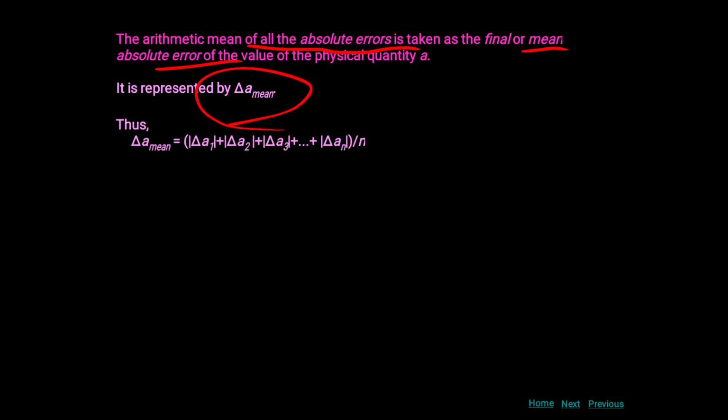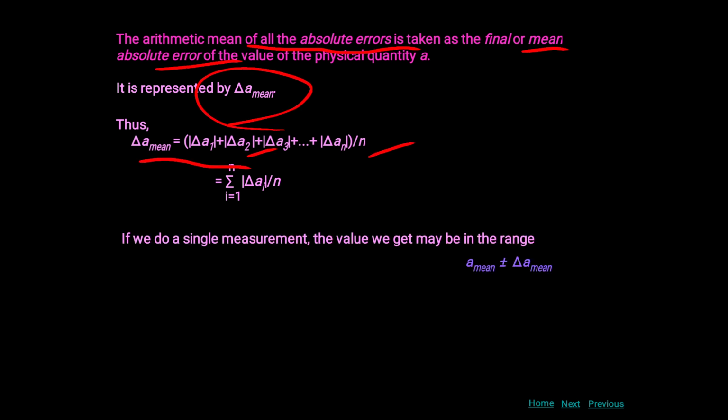Thus, delta A mean equals mod of delta A1 plus mod of delta A2 plus mod of delta A3 up to mod of delta AN, divided by N. It means summation i equals 1 to N of mod of delta Ai by N. If we do a single measurement, the value we get may be in the range A mean plus or minus delta A mean.